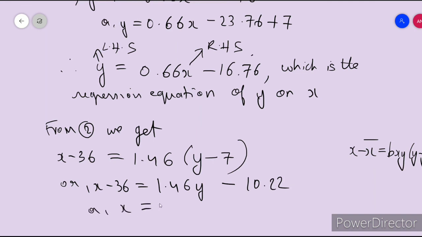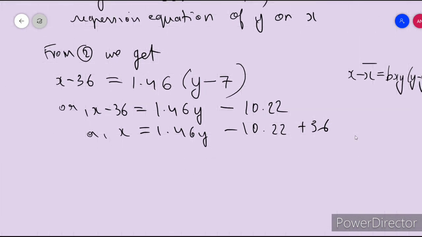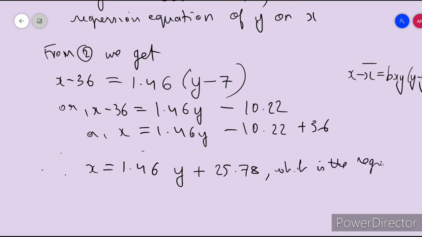If we bring 36 to the other side, it becomes positive, plus 36. Therefore x is equal to 1.46y plus 25.78, which is the regression equation of x on y.